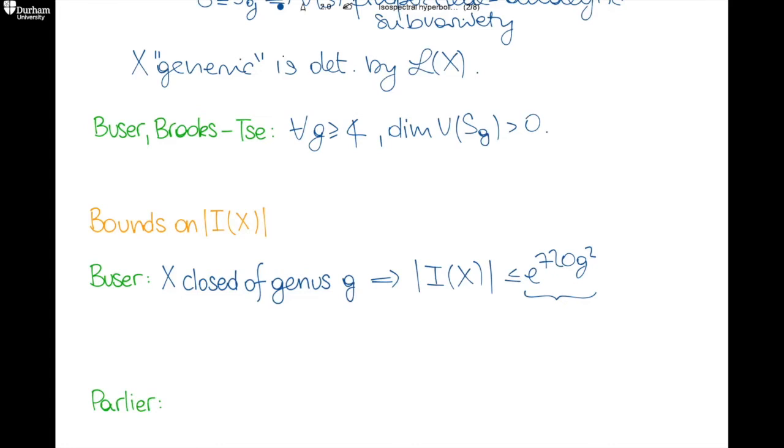What's important here is that this is a bound depending only on the topology. So that means that if I have any two surfaces in the same moduli space, there's a uniform upper bound to how many other surfaces can be isospectral to either of them.